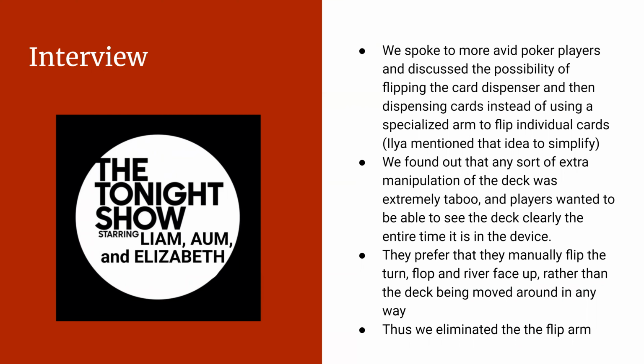However, we found that general extra manipulation of the deck and the order in which the deck is dealt out is an extremely taboo thing for poker. Poker players tend to be a lot more superstitious, and they'd prefer to manually flip the cards over for the flop, the turn, and the river, rather than have the deck do it for them. Thus, we decided to eliminate the flip arm in the first place.